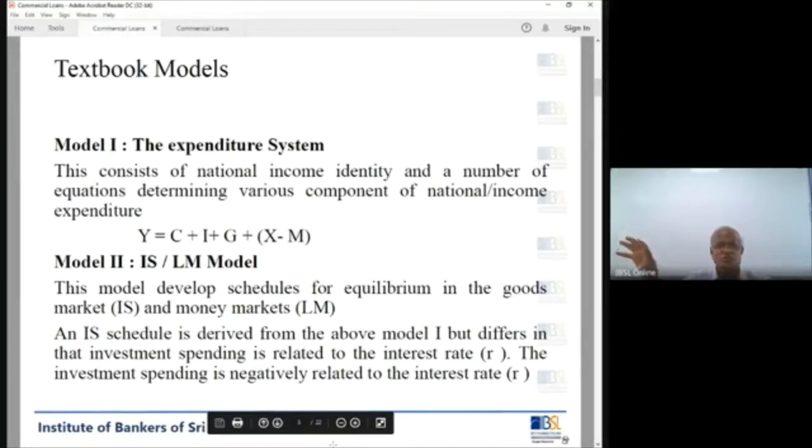Then we discussed the open economy. Now this is about the open economy. The economy generates GNP. This income goes to the households. What do households do? They consume, pay taxes, then they demand imported goods.